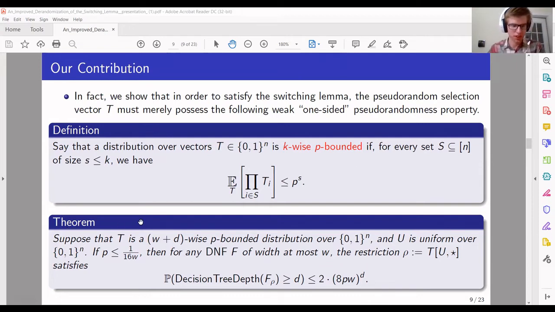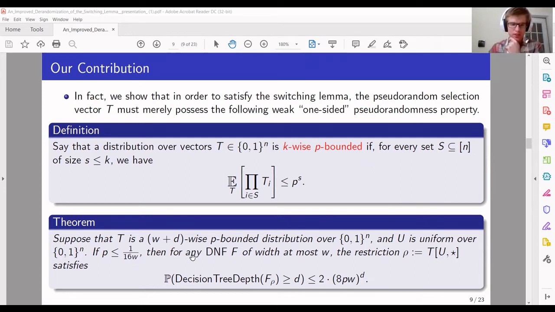So down here is what you could say is the main theorem of the paper. We're asking that t is (w+d)-wise p-bounded. And again, we have u uniformly random in {0,1}^n. And we have this requirement that p is about 1/w.